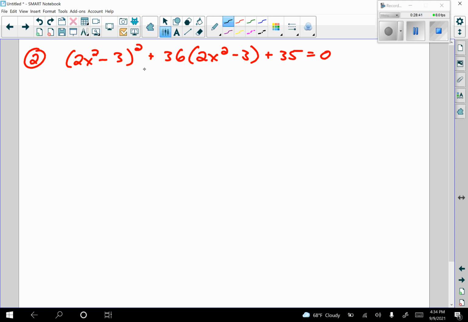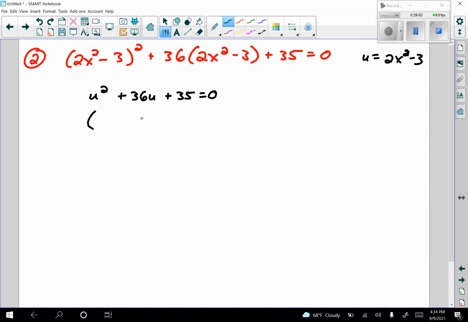Now since it's already using an x, let's maybe let u equal to 2x squared minus 3. So now we would just have u squared plus 36u plus 35 equals 0. So it's just, again, a little manipulation we use to make it easier to work with, something that we're used to working or seeing, familiar with.